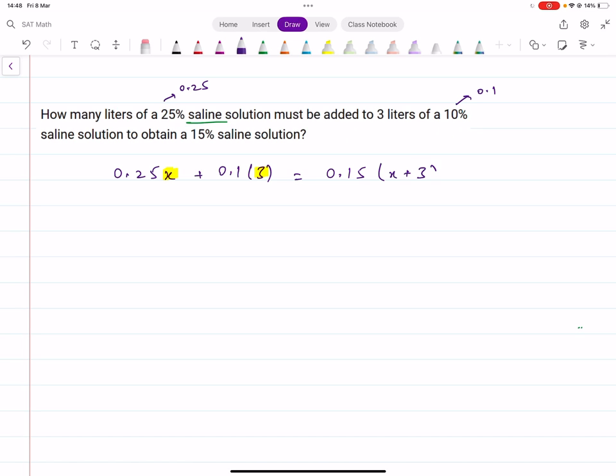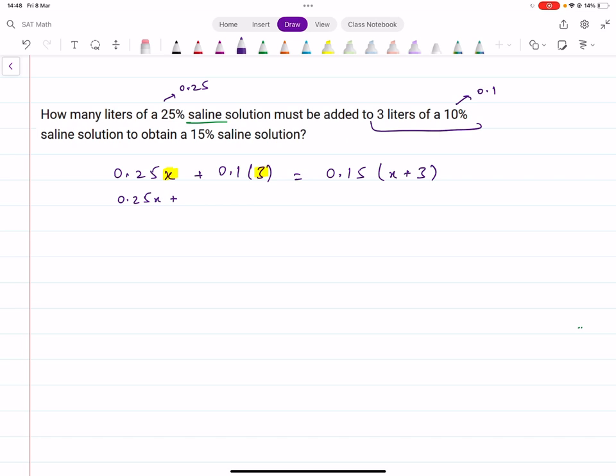It's X plus 3. So what you want in this is 15% salt. Now we can figure out how many liters of this we need to add to 3 liters of a 10% solution. So X is what we need to figure out. Let's see what that turns out to be.